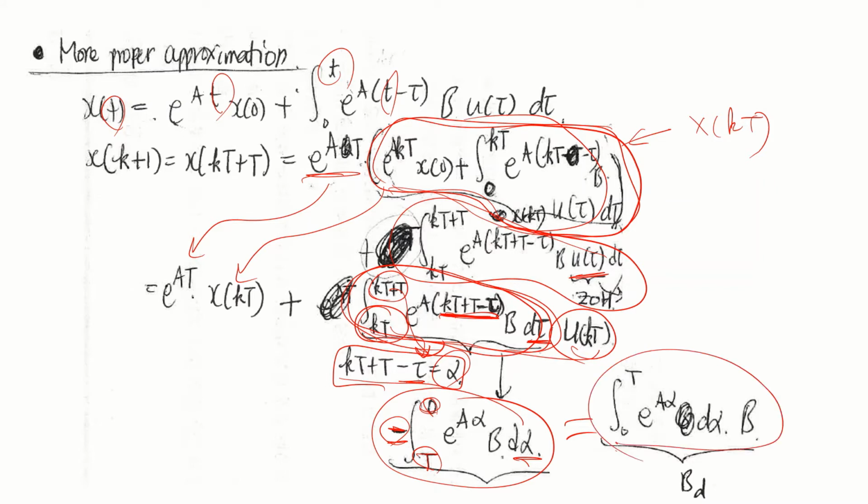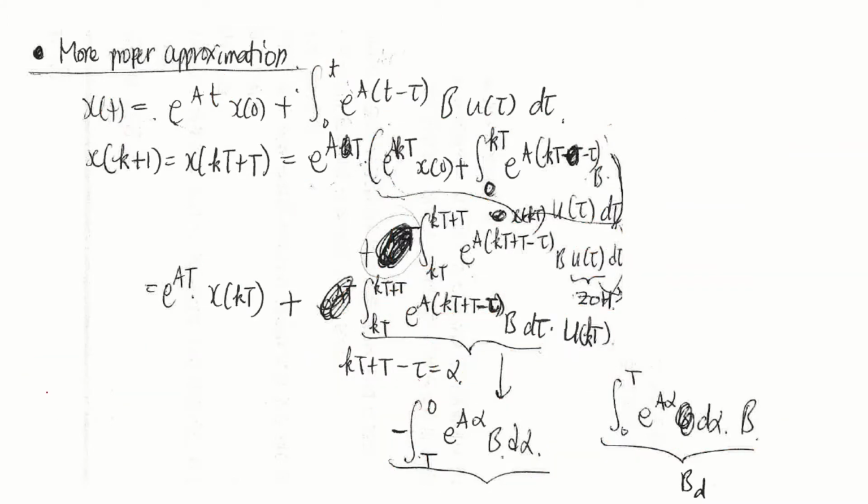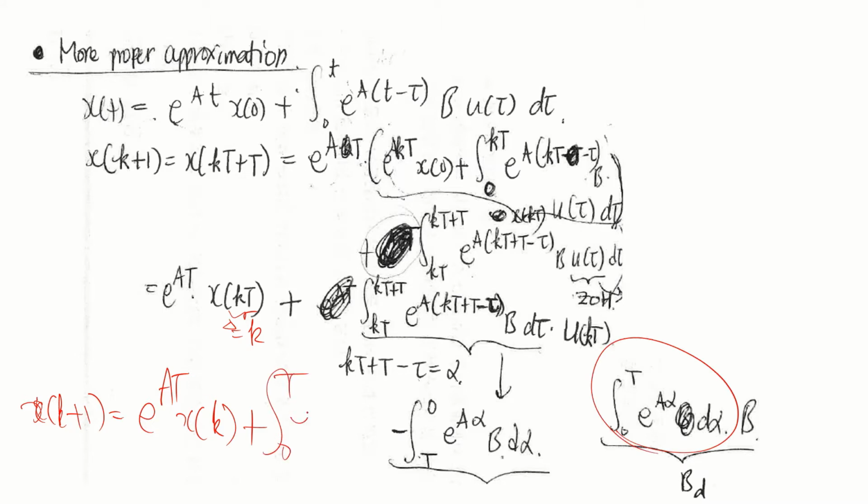So you have x of k plus 1 equals e to the AT x of k, which is basically x of k by definition, plus now you have the integral from 0 to T of e to the A alpha d alpha times B, and u of k.